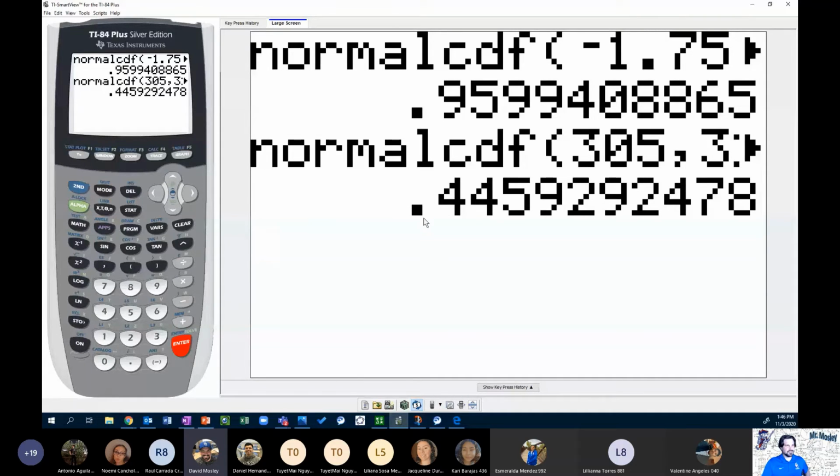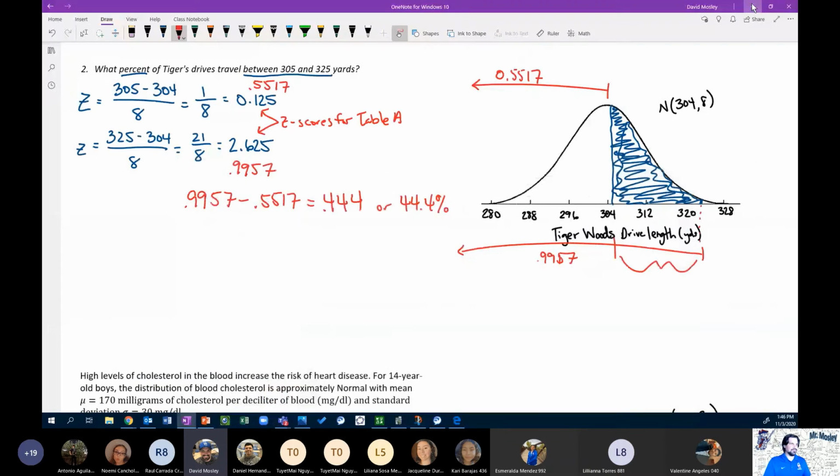And we get the proportion based on that normal curve of 0.44592, and so on. So essentially 44.6%. And we would get the same thing if I use the standardized scores and the mu of 0 and standard deviation of 1. So using the calculator, we got essentially 44.6%.